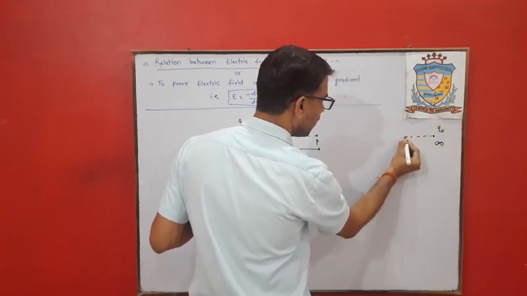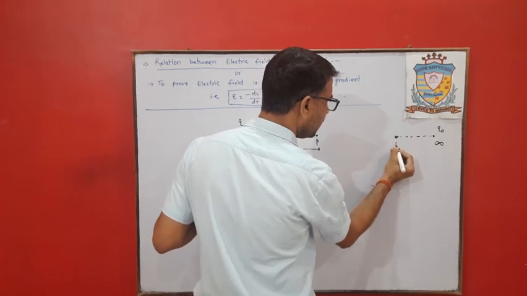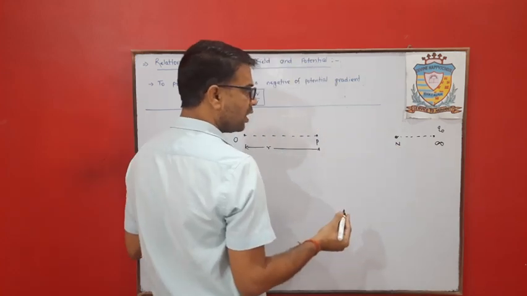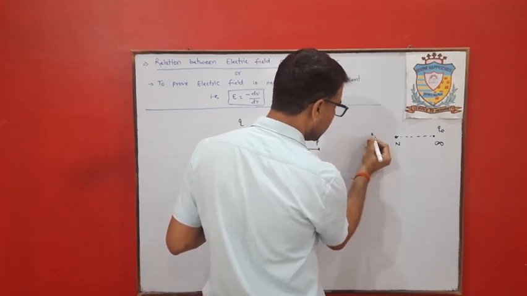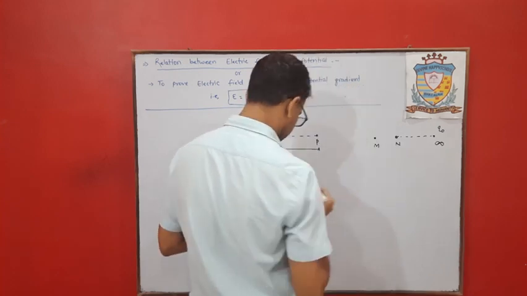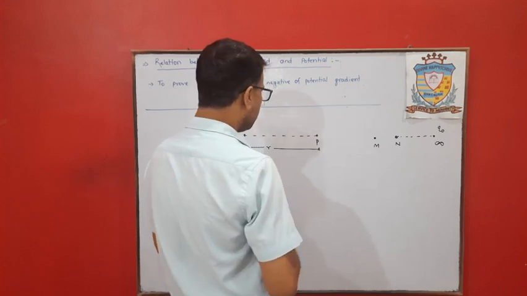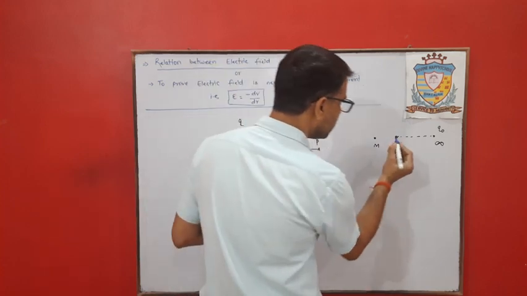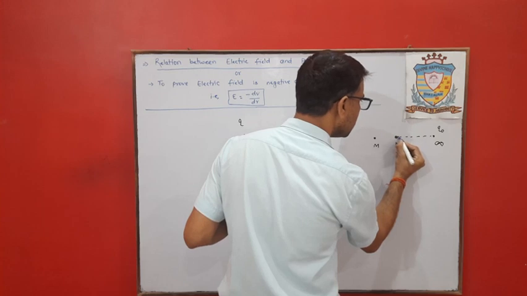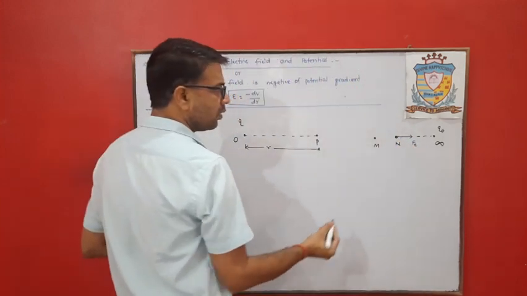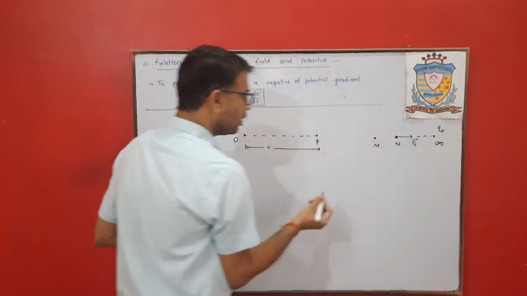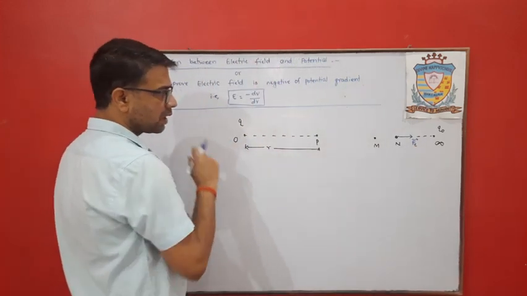On bringing it from infinity, we have a point N and here is a point M. So at point M, let the electrostatic force be Fe on the test charge Q naught applied by the source charge Q.